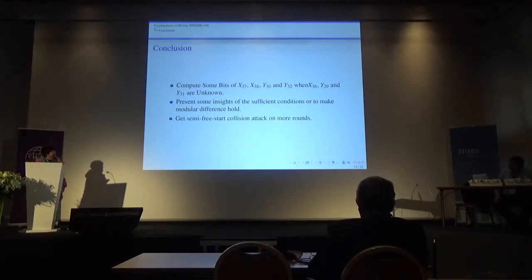We present some insights into the sufficient conditions of the differential path, or to make the modular difference hold, and get a semi-free-start collision attack on all steps. Thank you very much.